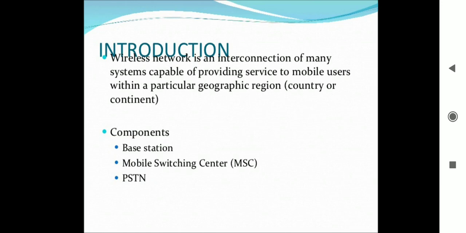A cell means a particular area. A cellular telephone is not to be confused with a cordless telephone, which is simply a phone with a very short wireless connection to a local phone outlet. Then again, we will see the detailed block diagram for this system.